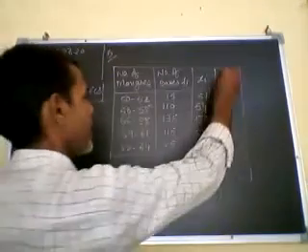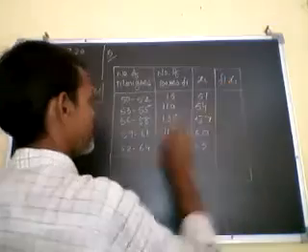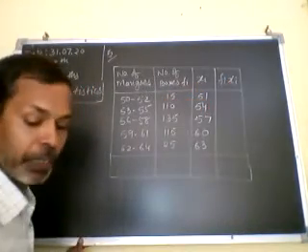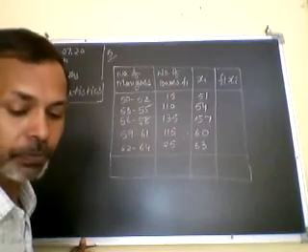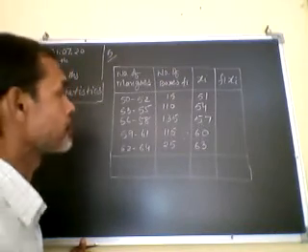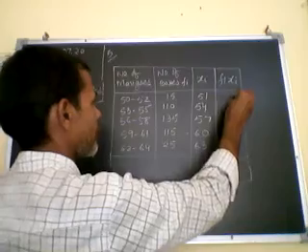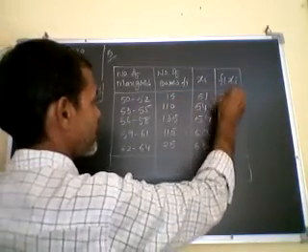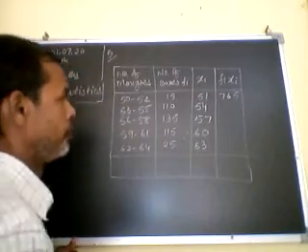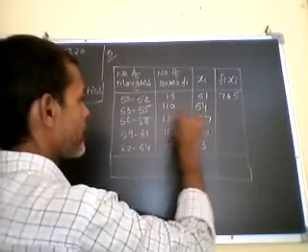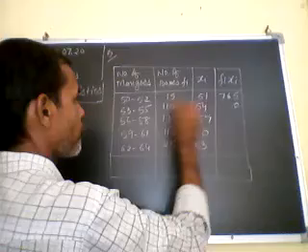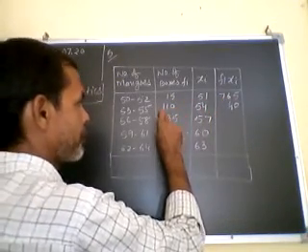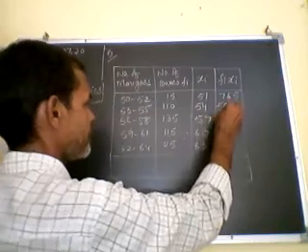Now we have to find fi xi, the multiplication of fi and xi. 15 into 51: 15 ones are 15, 15 fives are 75, so 765. Now 110 into 54: 54 ones are 54, 54 plus 5 means 59, so 5940.